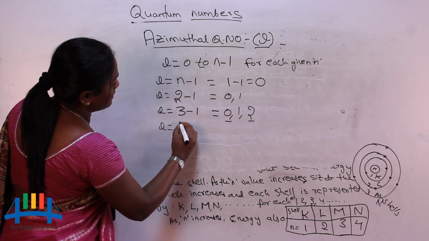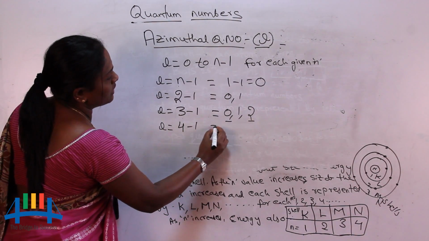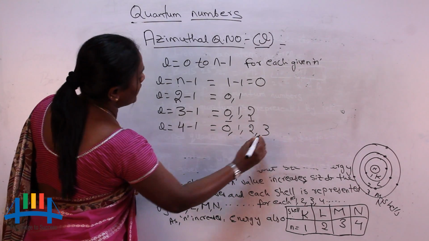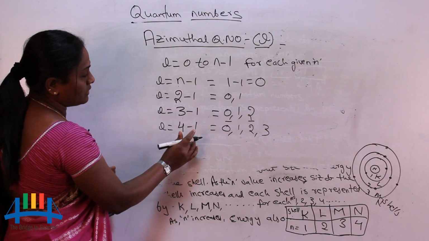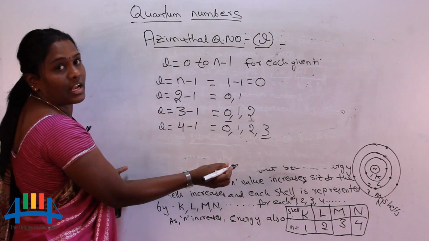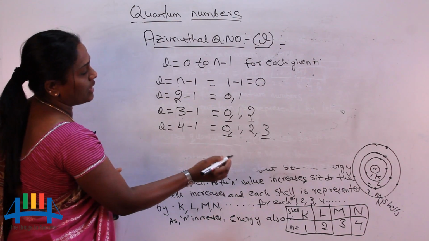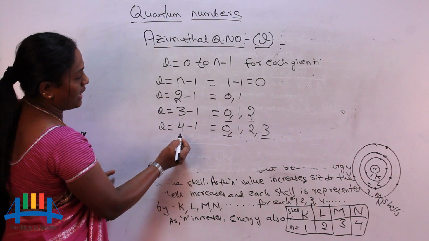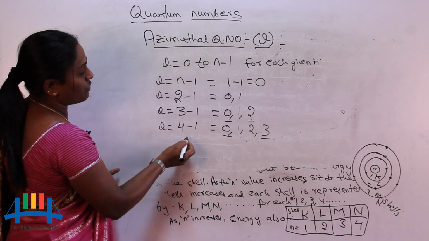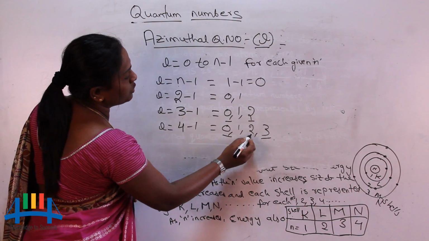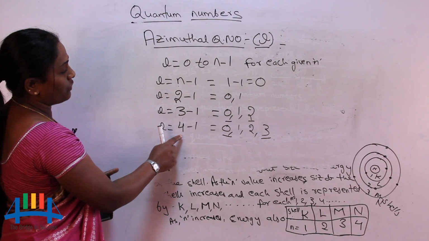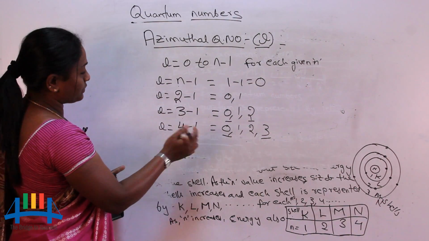If n is 4, 4 minus 1 is 3, so you get 0, 1, 2 and 3. 3 is the maximum value and 0 is the minimum value. Total 4 values are possible for n equal to 4.